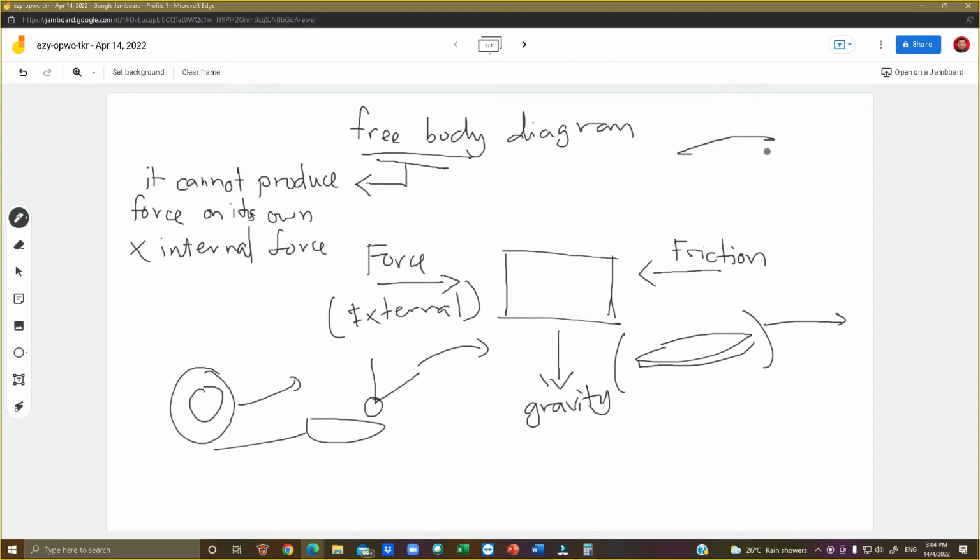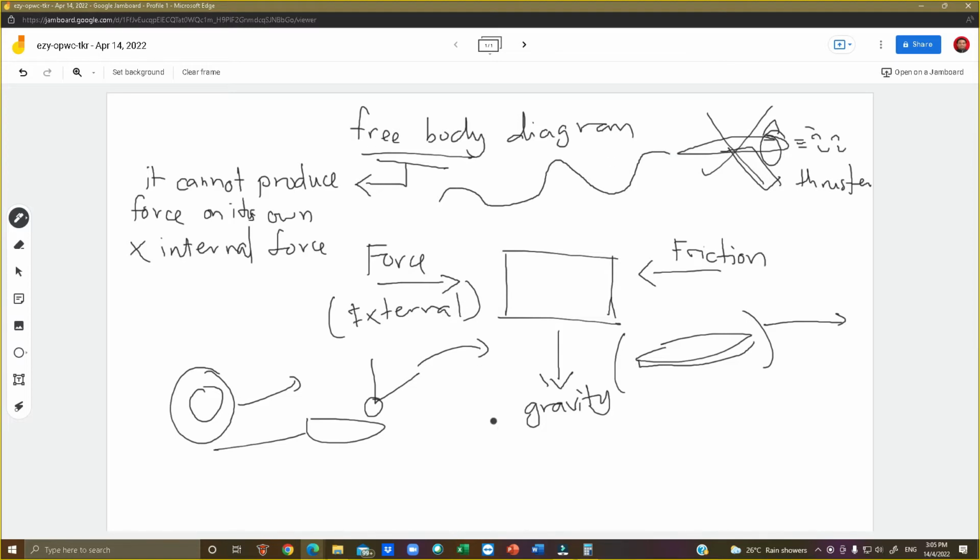Okay, aeroplane, not a free body diagram because it has thruster. It has engine that enable this plane to maneuver. Free body diagram tak boleh maneuver. It just follow a certain pathway.